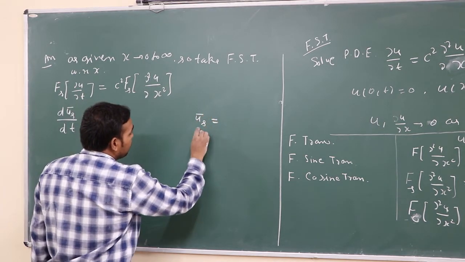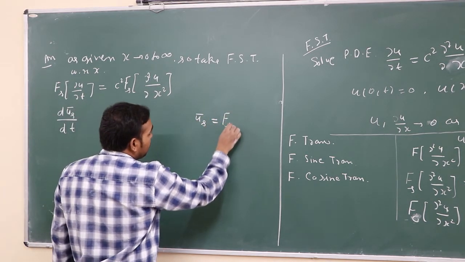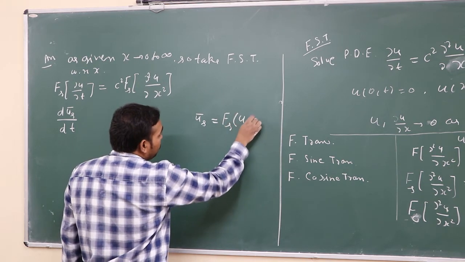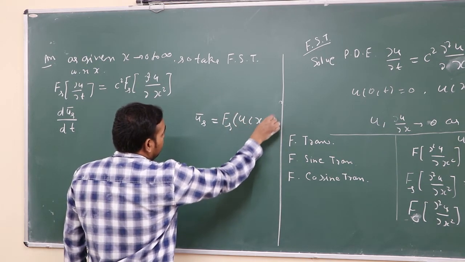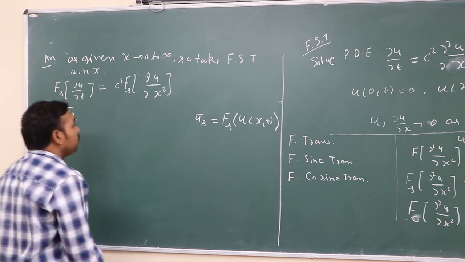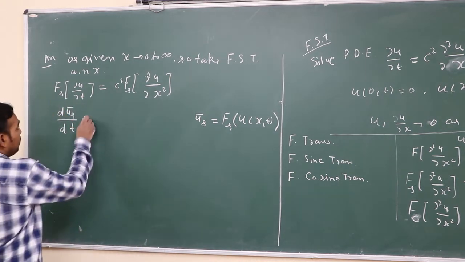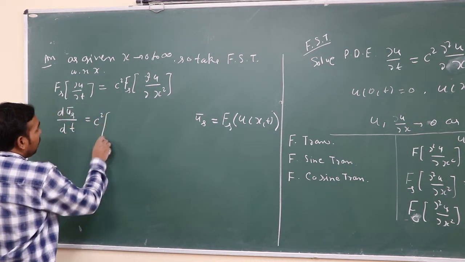Here u_s bar means the Fourier sine transform of u(x,t) with respect to x, that is c square times the Fourier sine transform of the second derivative.